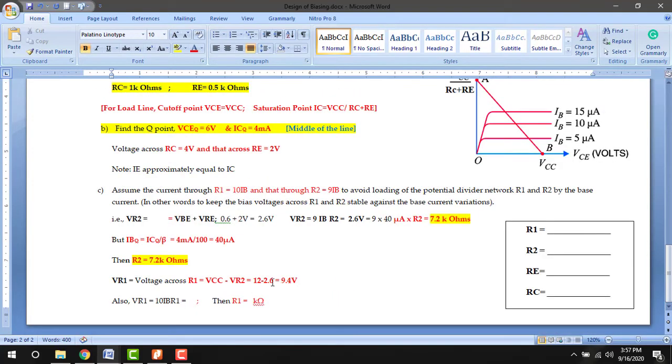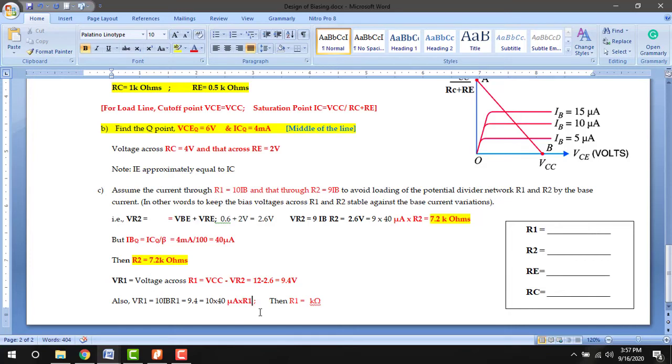The voltage drop across R1 is 9.4 volt, and we already assumed the current through R1 is 10 times IB. So VR1, 9.4 volt, is equal to 10 times the IB value, 40 microamps, into R1.